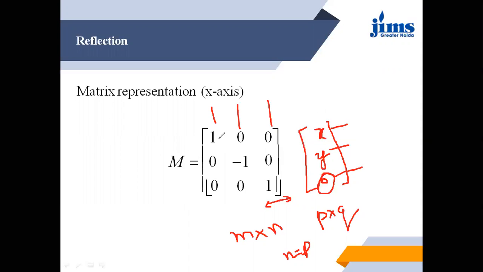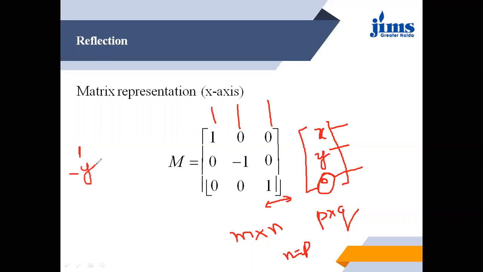So when I multiply this, you can see from here, this is 1 into x, that is x. And these two are 0. When I multiply this, 0 into x is 0, minus 1 multiplied by y, so this is minus y.